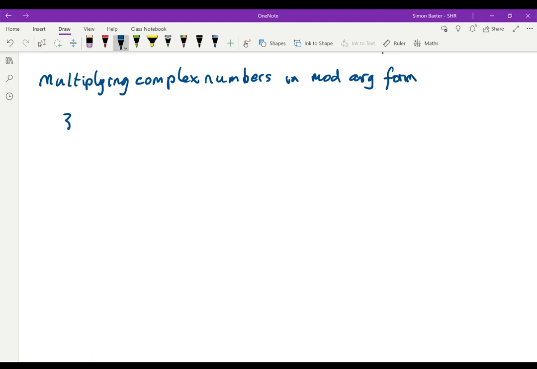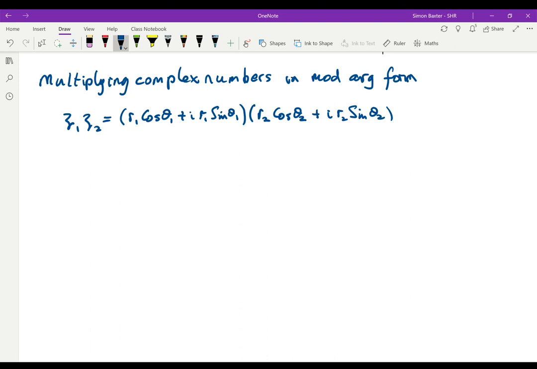Let's take z1, z2, where z1 is the number with modulus r1 and argument theta 1, and z2 is the number with modulus r2 and argument theta 2. Multiplying those together, there's an r1 in common, there's an r2 in common. Let's take the r1, r2 out.